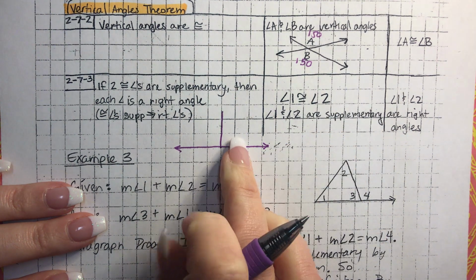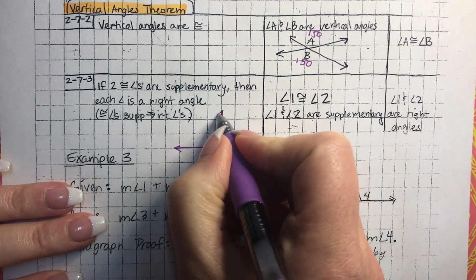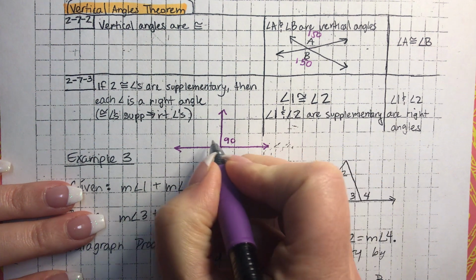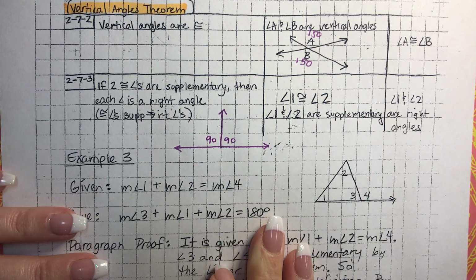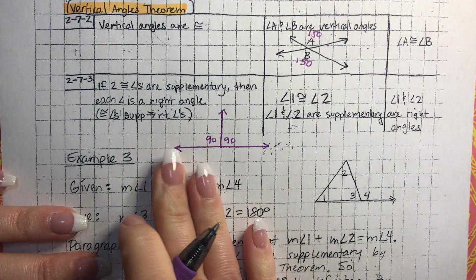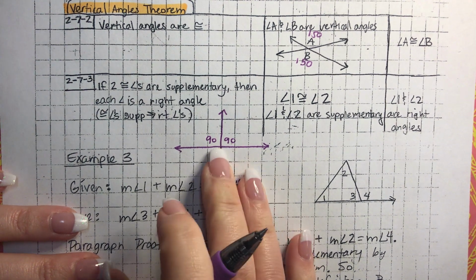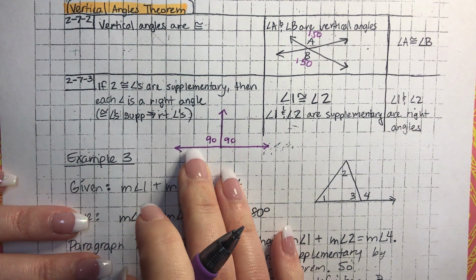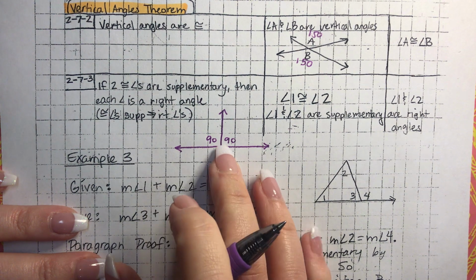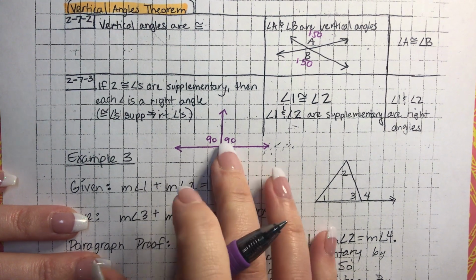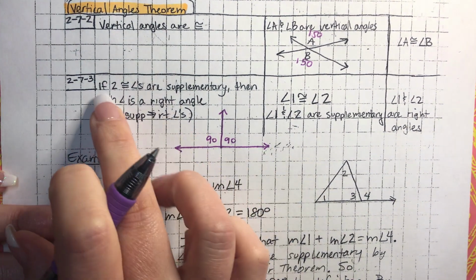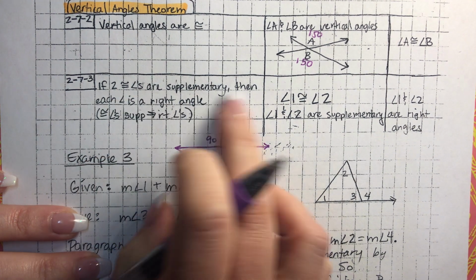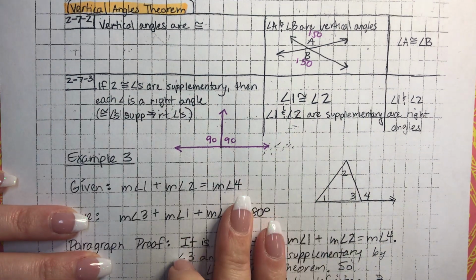The only option is that one is 90 and the other one is 90. There's really no other option for 2 angles that are congruent and supplementary. So they equal 180 degrees, they're congruent, therefore they're both 90 degrees. It says if 2 congruent angles are supplementary, then each angle is a right angle.